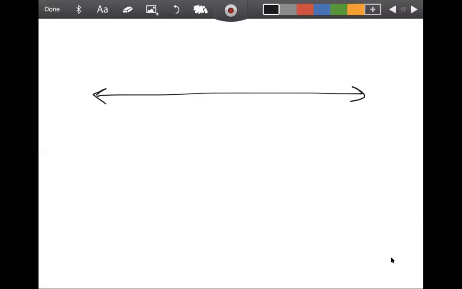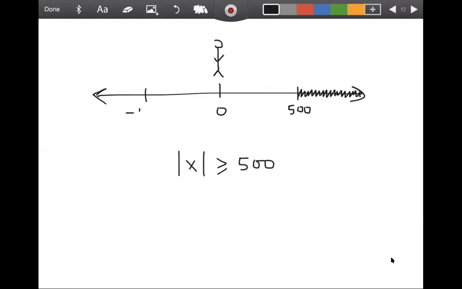All right, so here's the number line. Here you are at 0. So the question is, if the absolute value of X is greater than or equal to 500, where could X go? Well, X could go over here, right? That's at least 500 feet away from you. But X could also go over here, couldn't it?